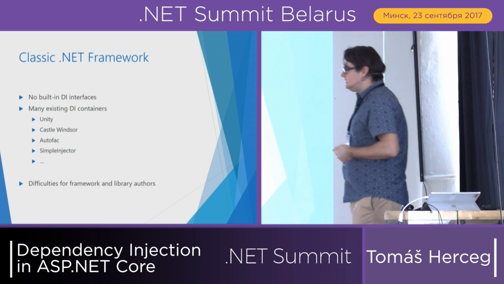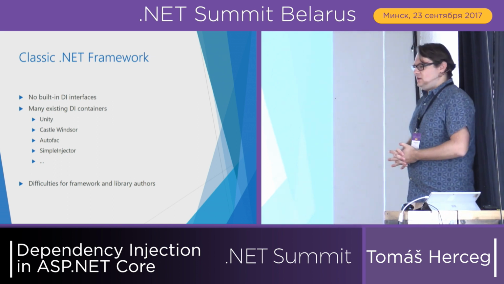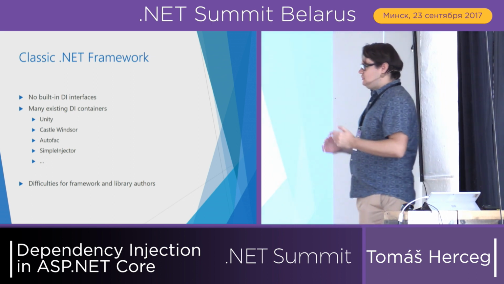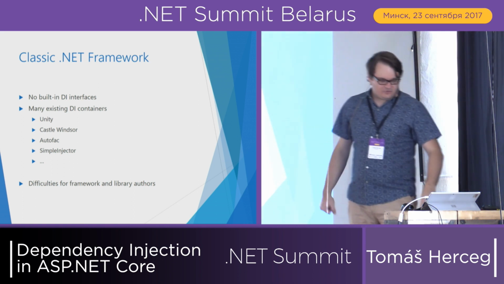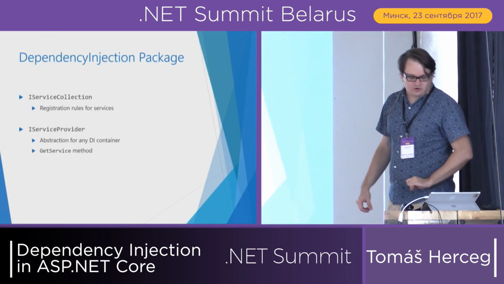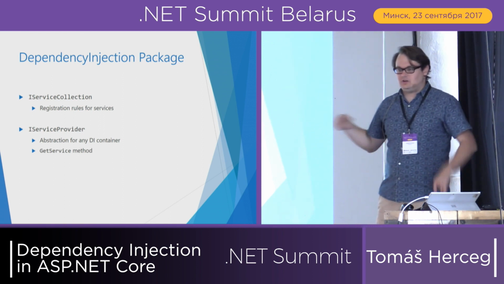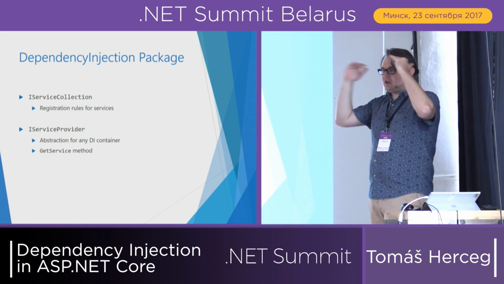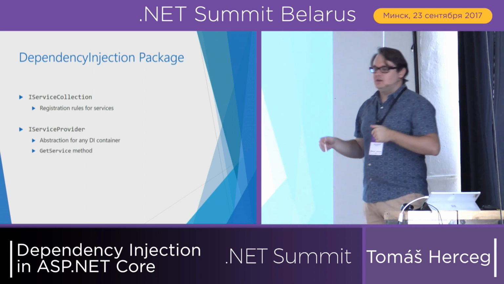Having the basic interfaces in the new packages is great for library and framework authors, because you don't have to rely on a specific container. You can use this interface, and this interface is called IServiceProvider, the second one. The IServiceCollection is also part of this library, and it's a collection of registration rules of how each component should be created.